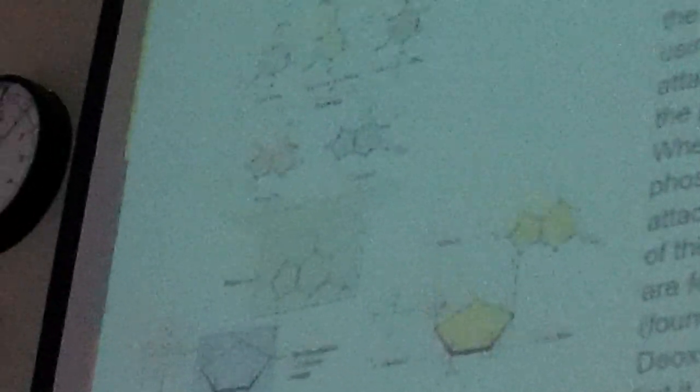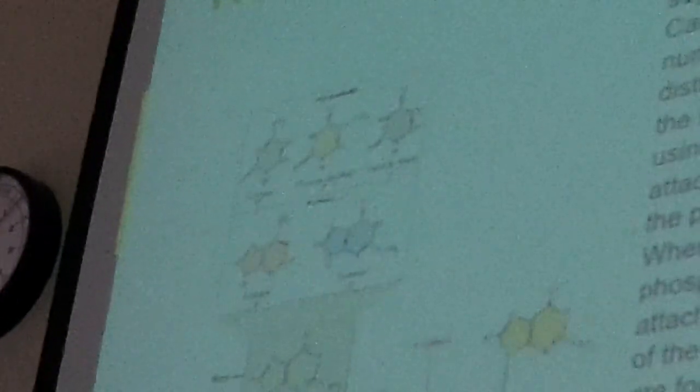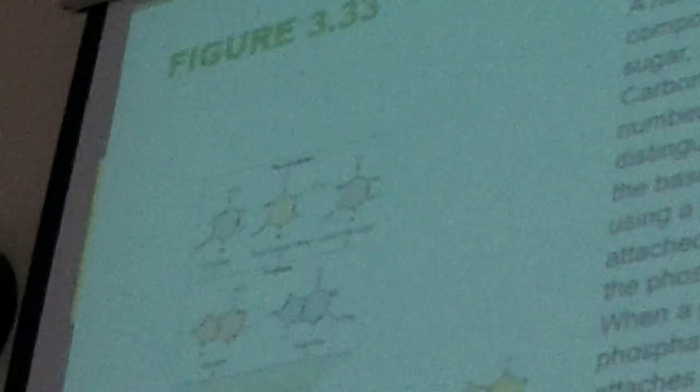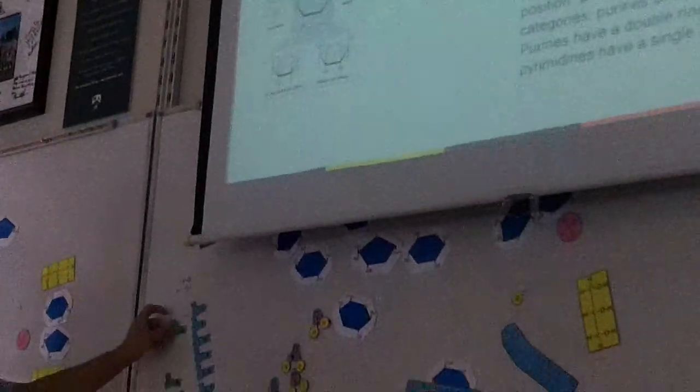They're really small. But here it shows the nitrogen bases. There's G, A, C, T, and U, uracil. RNA has uracil instead of thymine as a base.